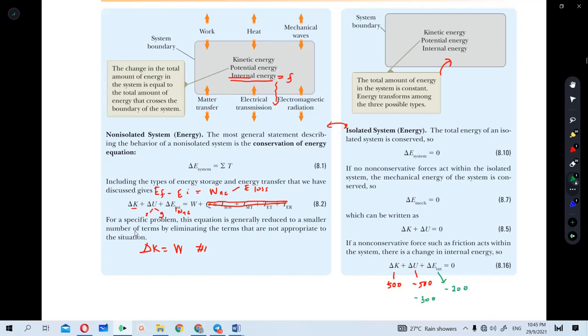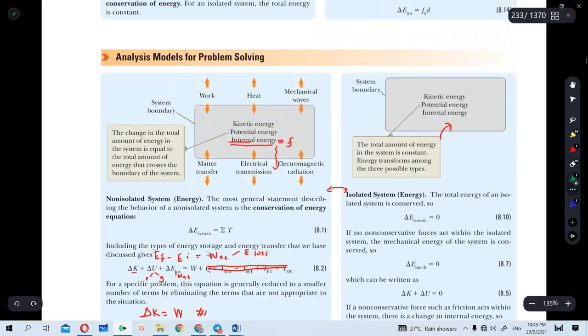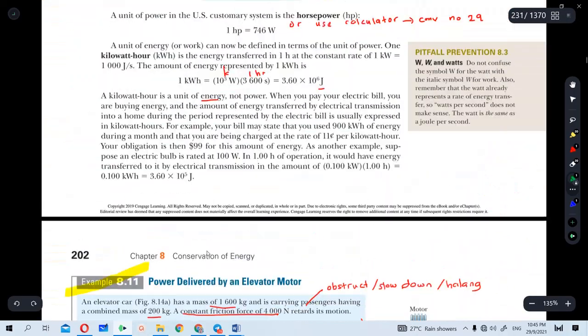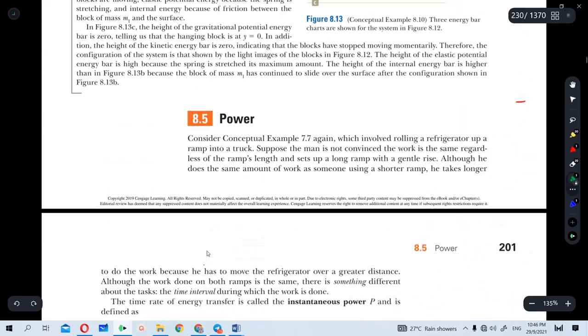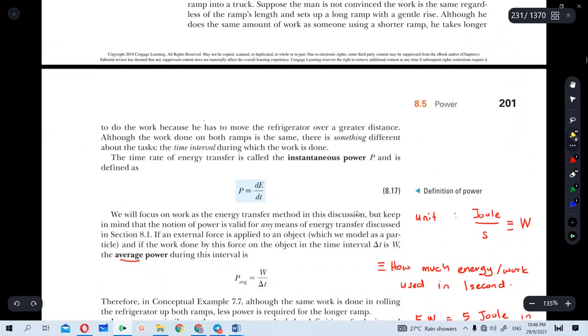Alright, let's now turn to power. Let's start with how you calculate power. In this topic of power, there are two versions. Number one, we call it average power, and another is instantaneous power.